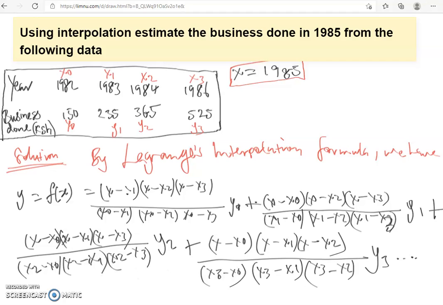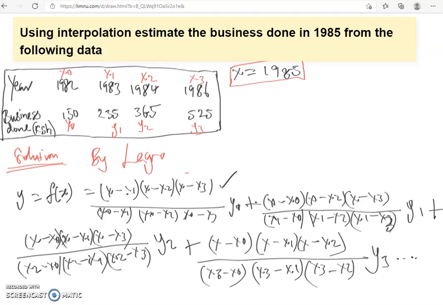So let's get rid of this so that we have more space as we plug in the values. Okay, so our f of x will be given by this. So let us plug this value into the given formula.